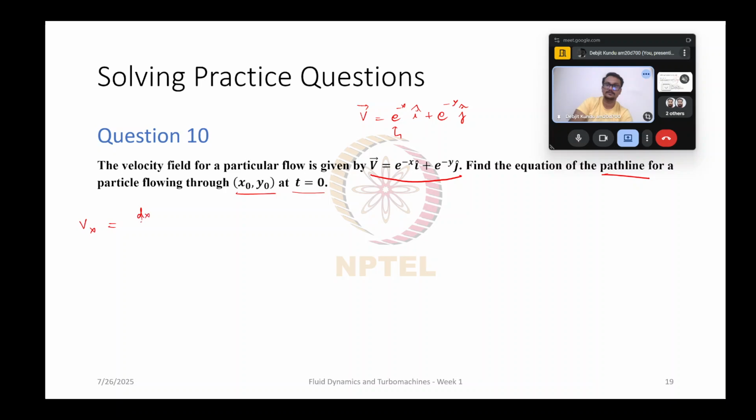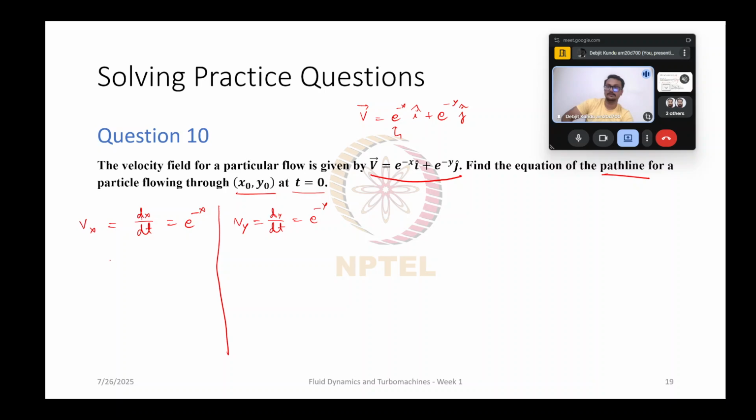can be written as dx/dt of a particle, right? That's the definition of velocity, and that is equal to e power minus x. Similarly, vy is equal to dy/dt of again the particle, equal to e power minus y.